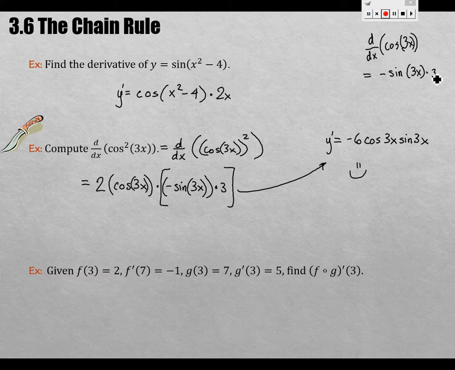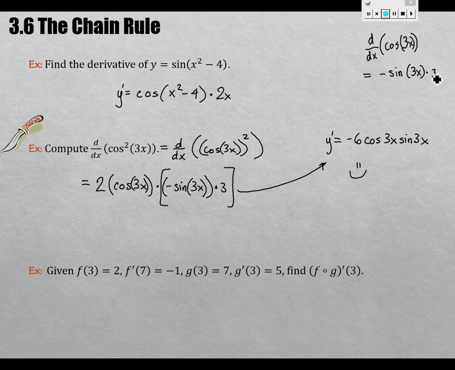Why couldn't you just have taken the derivative of cosine squared first, and then plug in 3x? What is the derivative of cosine squared? Negative 2 cosine x sine x.